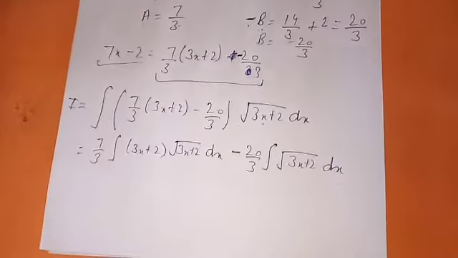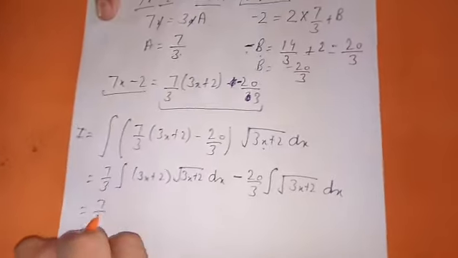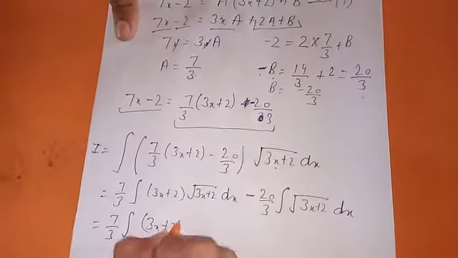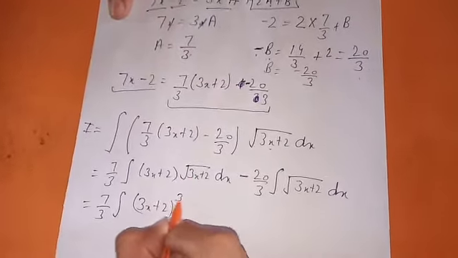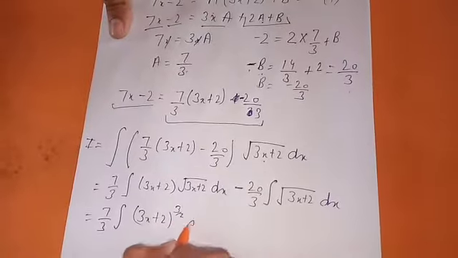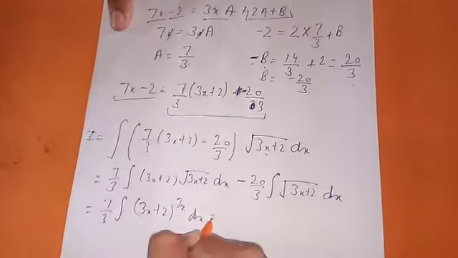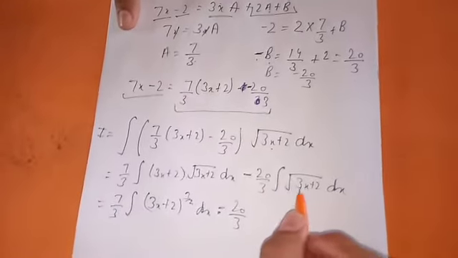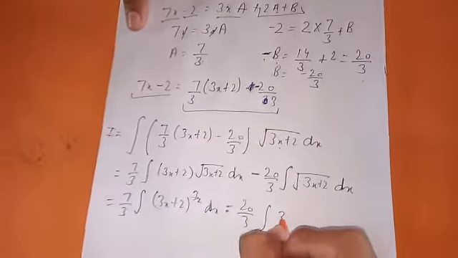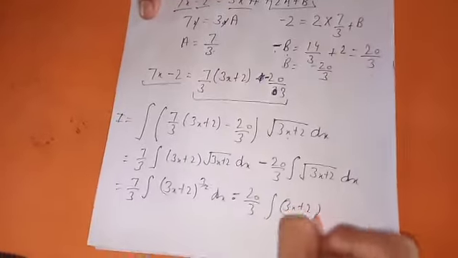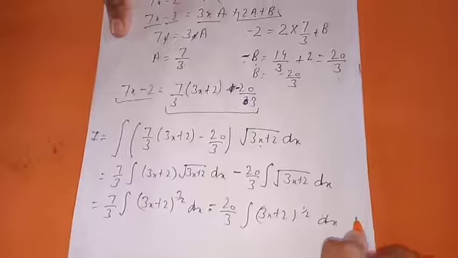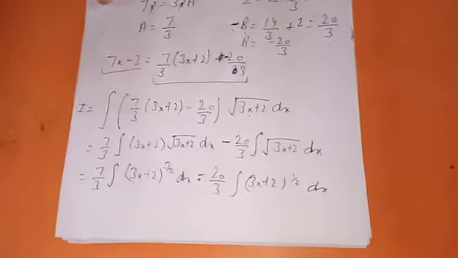Now it is very easy. This will be 7 by 3 as it is, integration of (3x plus 2) raised to power 3 by 2 dx, minus 20 by 3 integration of (3x plus 2) raised to power 1 by 2. And now we can solve them.